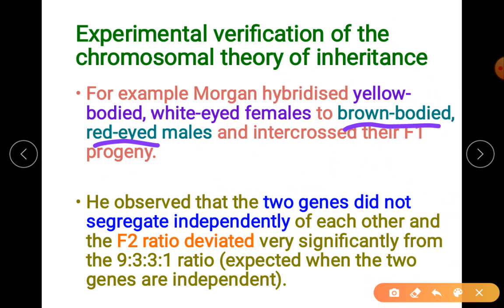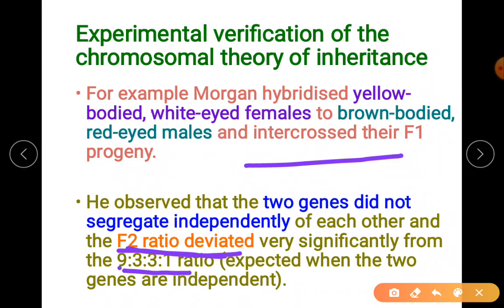So which is dominant here? Yellow and white. So they were crossed. After crossing, he could see that his F2 generation was not in the expected ratio of 9:3:3:1.